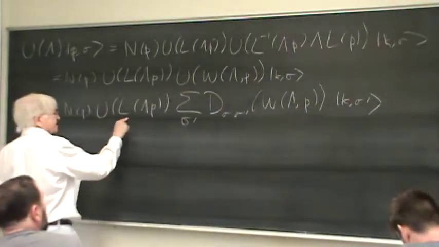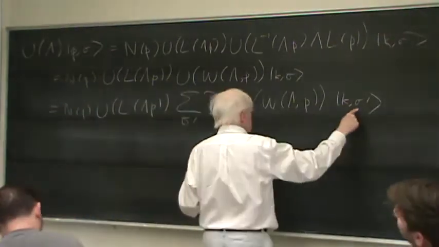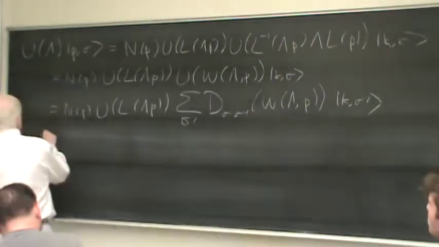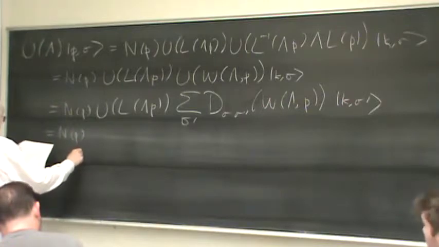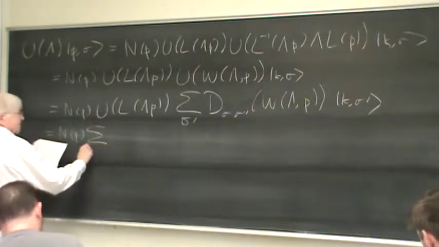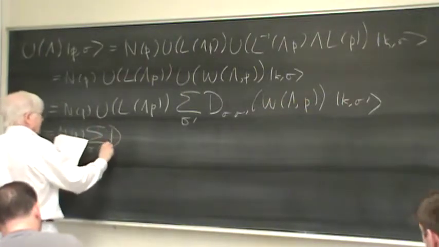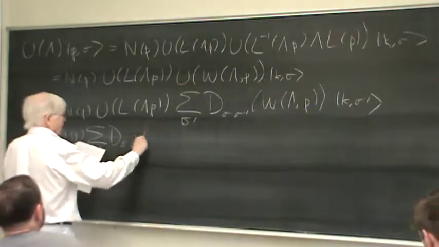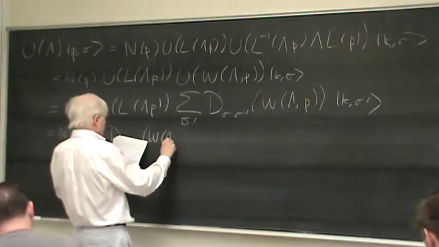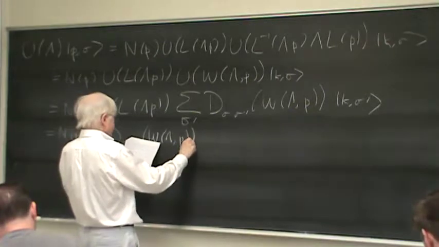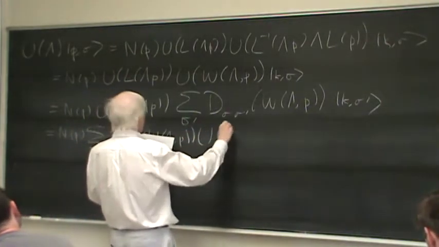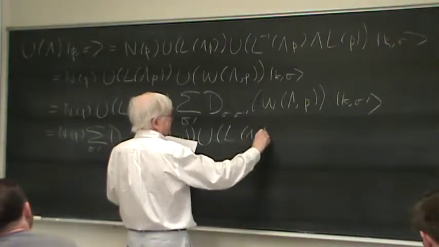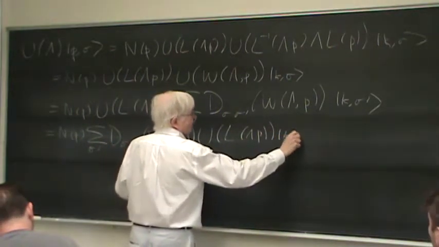On the other hand, this one hits that, and so this is N of P, some sigma prime, D sigma sigma prime of W of lambda and P. Well, I'm just sort of rewriting this. L of lambda P on K sigma prime.